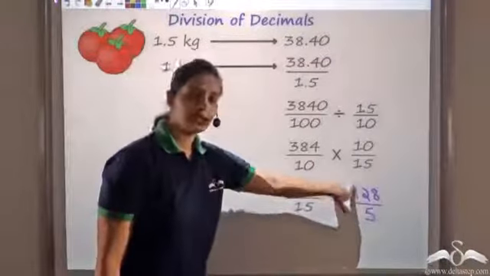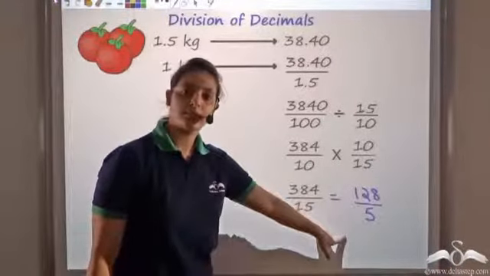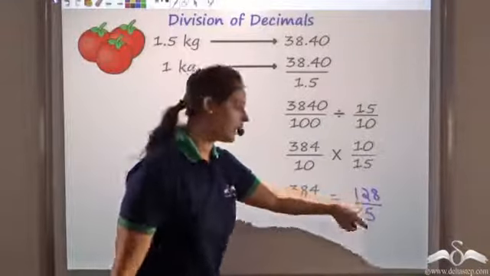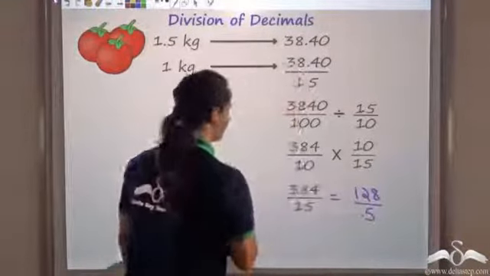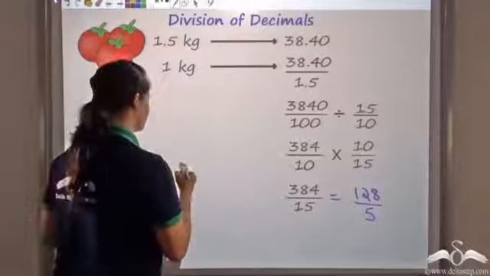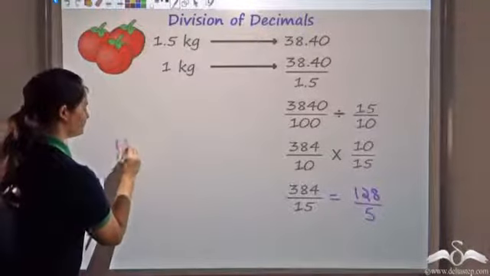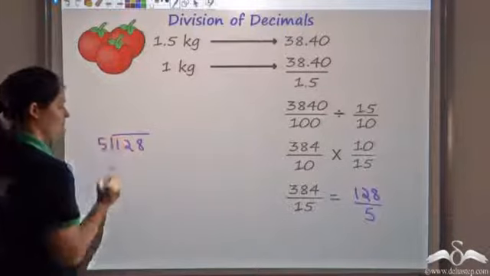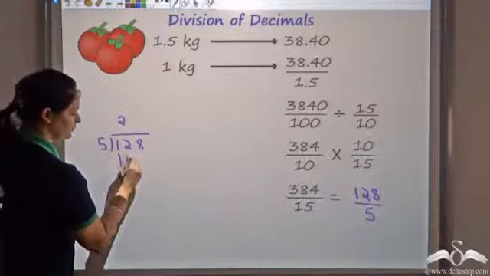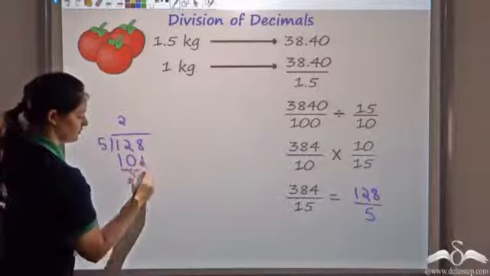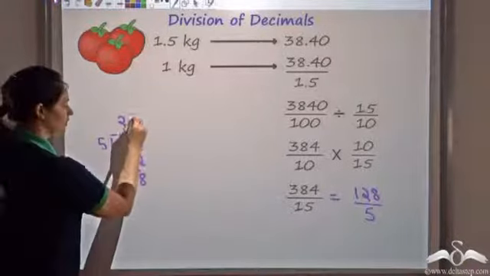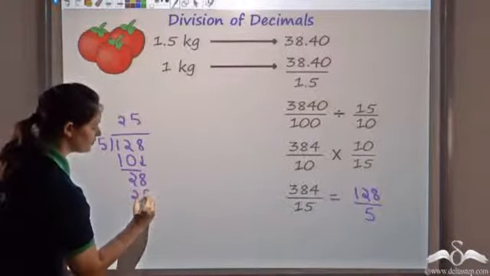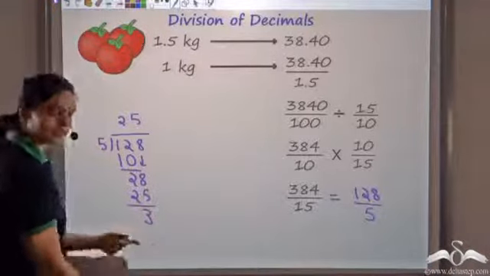Now dividing the two, you can convert it to a decimal number. How can you convert it? Either use the long division method: 5 2s are 10, I get 28. 5 5s are 25, I get 3 as the remainder.